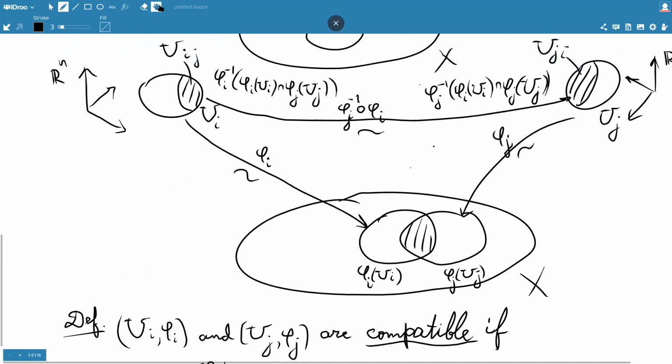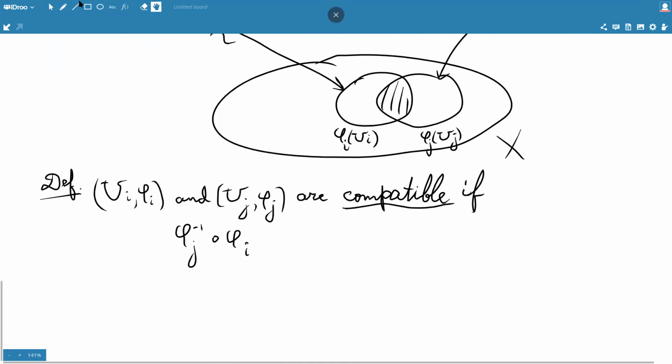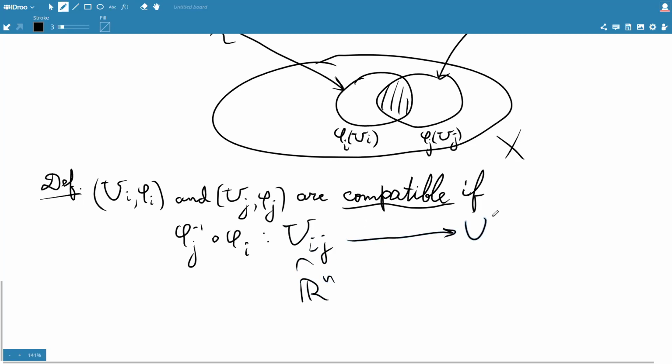So this map is a map from the open subset U_ij living in R^n to another open subset U_ji, again living in R^n.